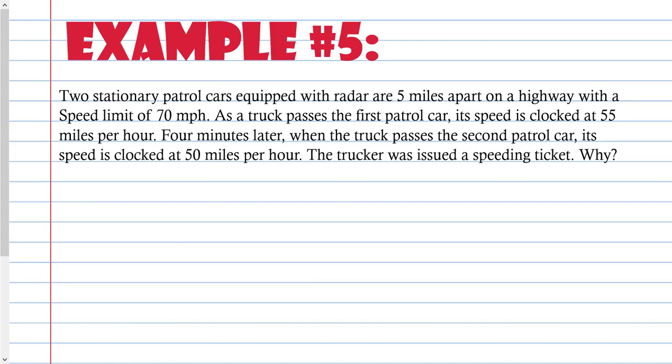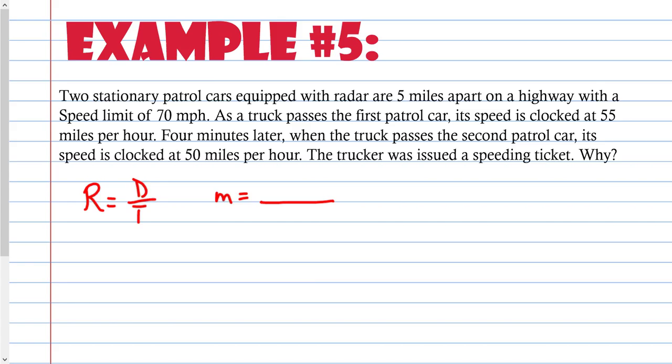Well, let's figure out his rate. Remember, rate is distance over time. So his rate is just another way of saying slope. Of course, you could do this the slope way. He was going 55 the first time.